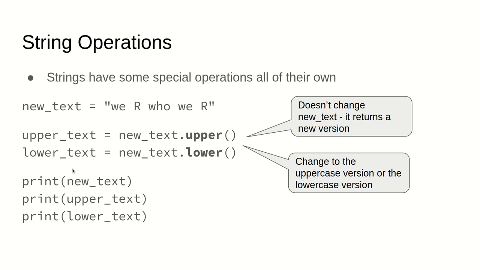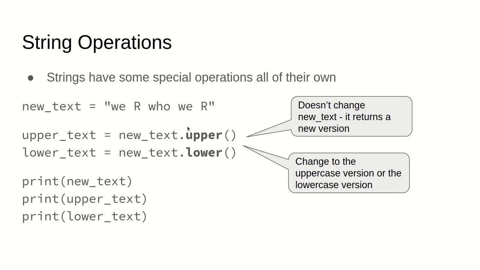So when we go to print, the original will still be the same, because in the case of strings, they are immutable or unchangeable, in other words. I cannot take this existing string here, new text, and change the first character to be B instead of W. I can create a new string that has a B as the first character and has a copy of every other character from new text. You can do that.